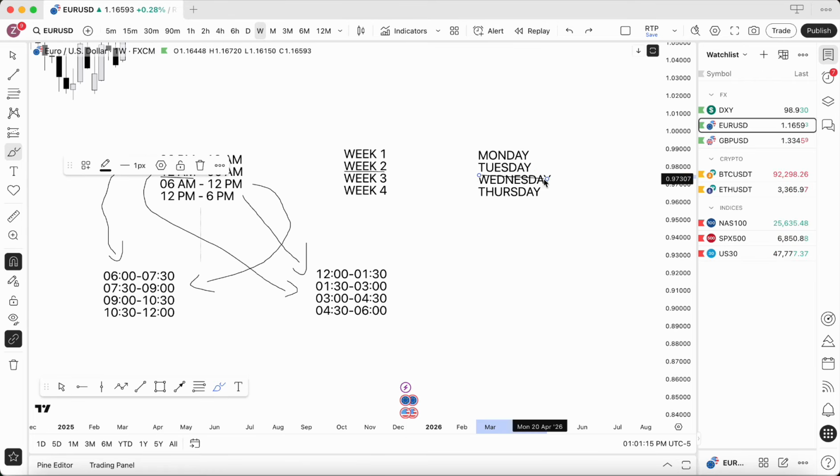Then for London, only look for entries after 1:30, and for New York only after 7:30. And this is crucial, right? Because it's true opens with sequential SMT, with liquidity key levels and order flow.